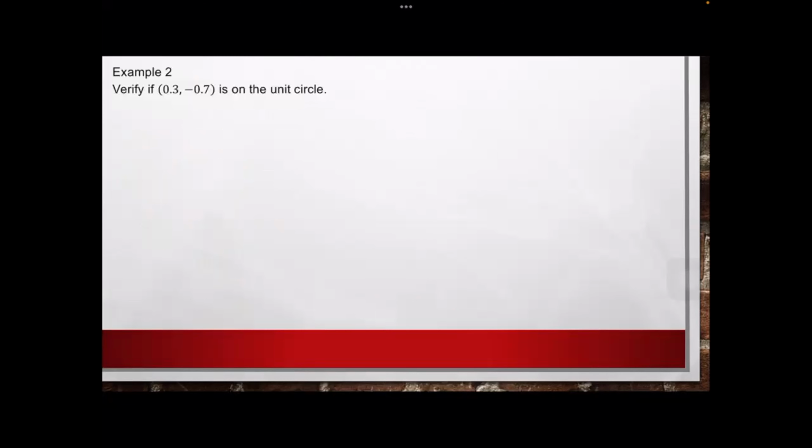Let's have another example. We have to verify if 0.3 and negative 0.7 is on the unit circle. Again, this will be our x and this will be our y. So x squared plus y squared is equal to 1. Then 0.3 squared plus negative 0.7 squared is equal to 1.